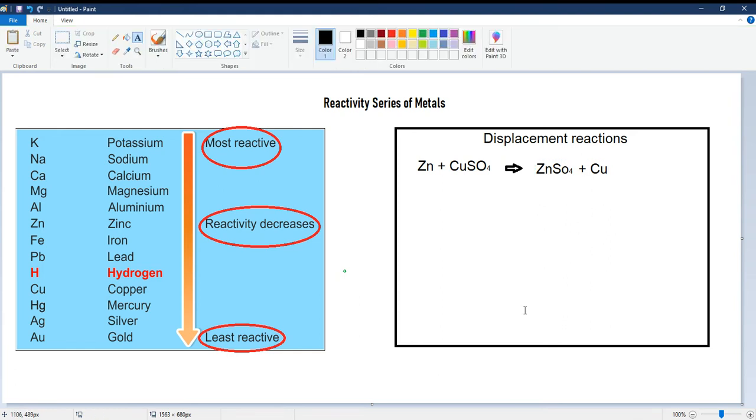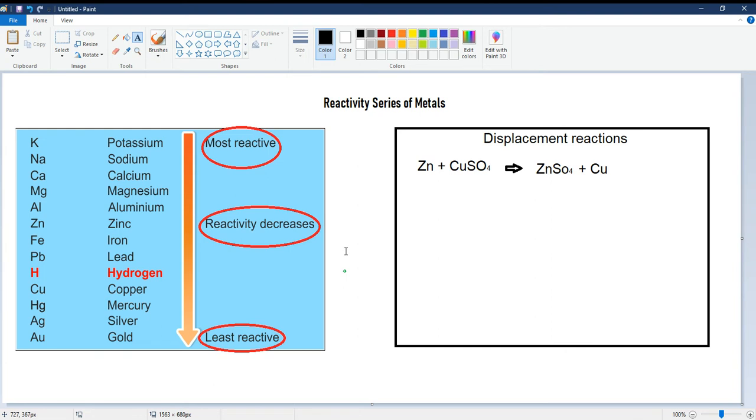So basically, zinc plus copper sulfate becomes zinc sulfate plus copper. You might think, why is it going to happen? How does zinc plus copper sulfate become zinc sulfate and copper?